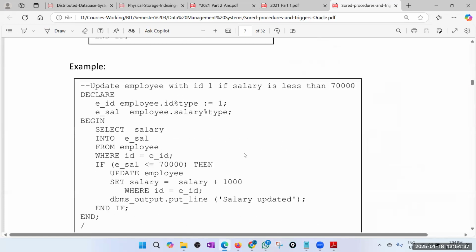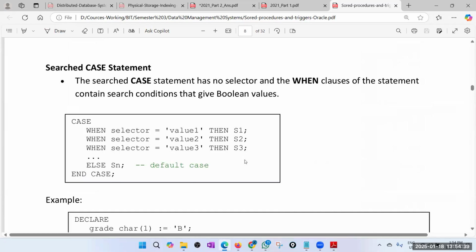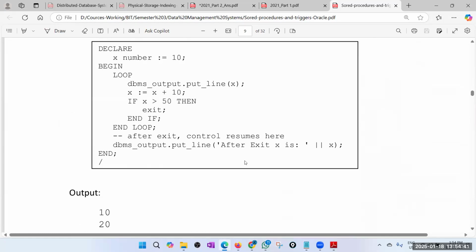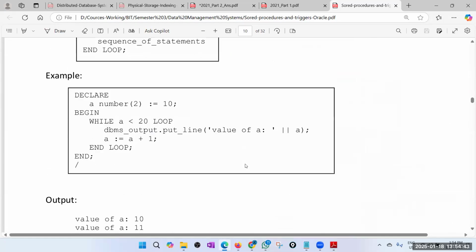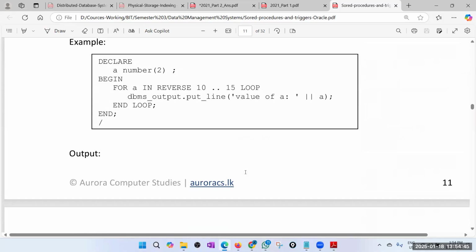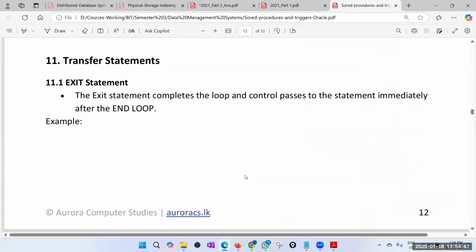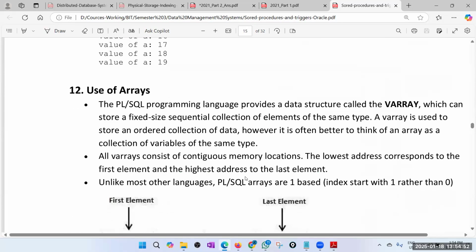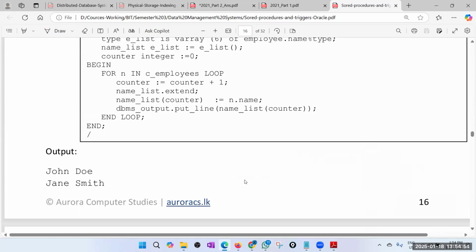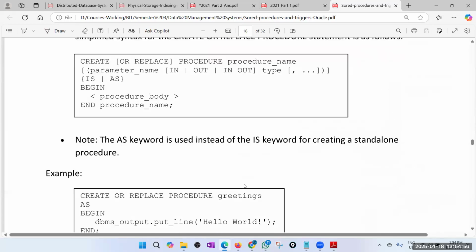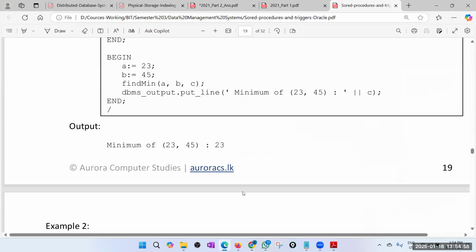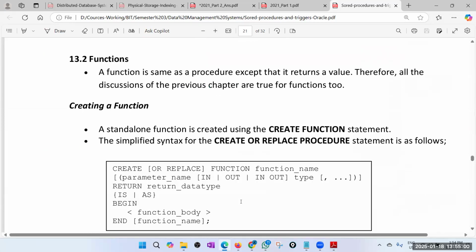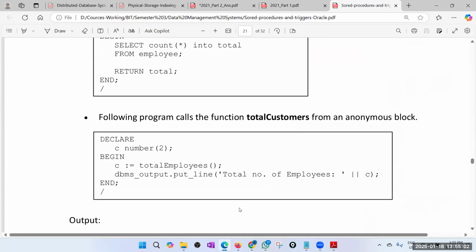And this is not a trigger, this is a stored procedure. But in triggers also we can have those. So almost anything that you do with stored procedures, you should be able to do in a trigger. That means we need to use if else.